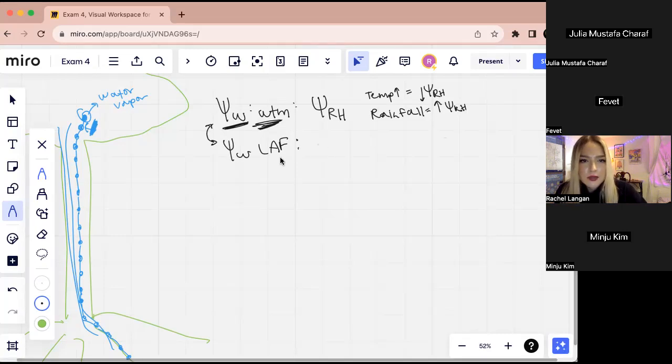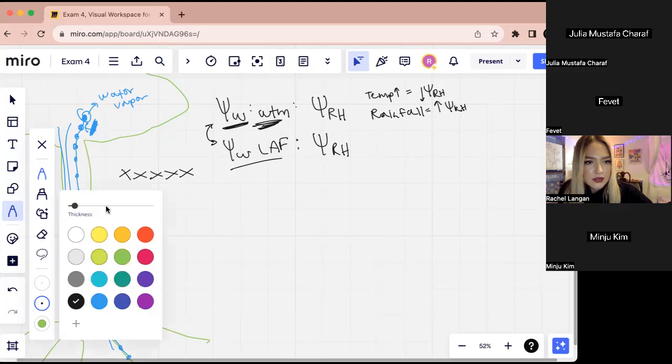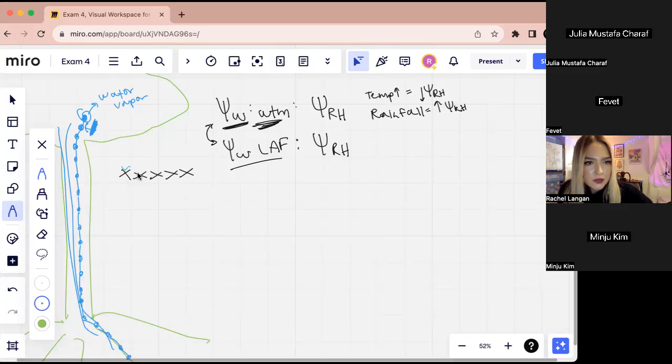Okay, and then next one is the water potential of the leaf airspace, which is also just relative humidity. And so the leaf airspace relative humidity is always pretty high compared to the atmosphere, just because if you were to zoom in on the leaf airspace, you would see a bunch of the crosslinks of the leaf cell apoplast, and along those crosslinks there is a film of water.